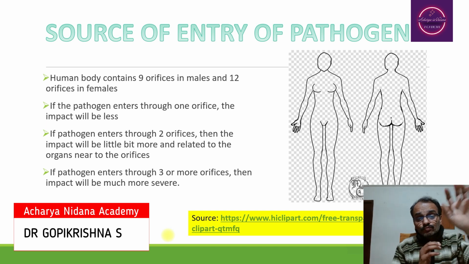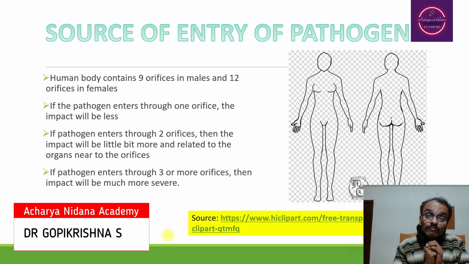If the entry of the pathogen is through the anus, the first and foremost symptom you may expect in the anal region is itching around the anus, or the person may have pain during defecation, or unformed stools, or bleeding per rectum, or tenesmus, that means straining for defecation may be present.